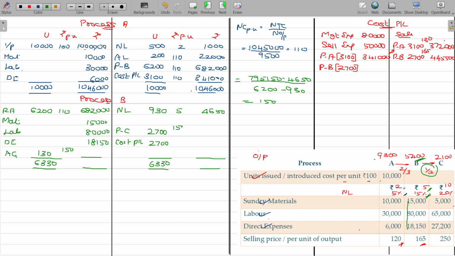Goods transferred to the next process are also valued at the same rate, and goods sold to the third party will also be valued at the same rate. So 2,700 into 150, if you multiply these two, what's the value you are getting here? 4,05,000. So this is also 4,05,000, and the amount transferable to the costing P&L also being the same 4,05,000, and abnormal gain value being 19,500.